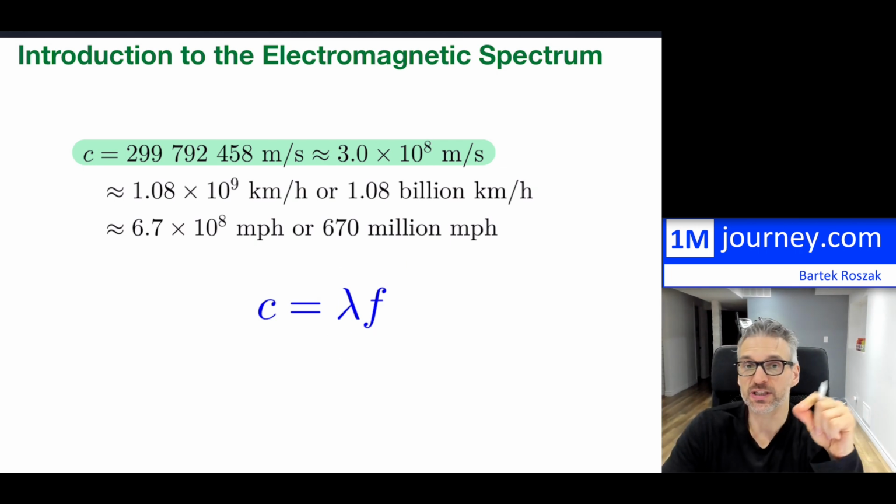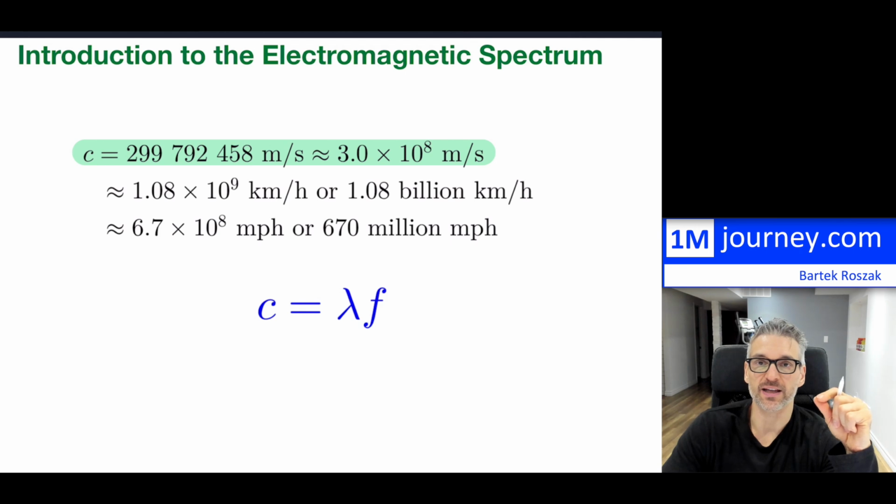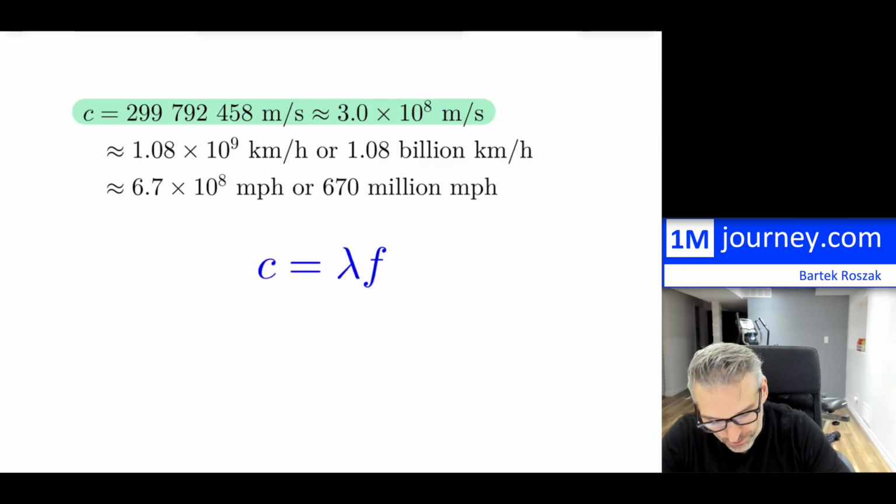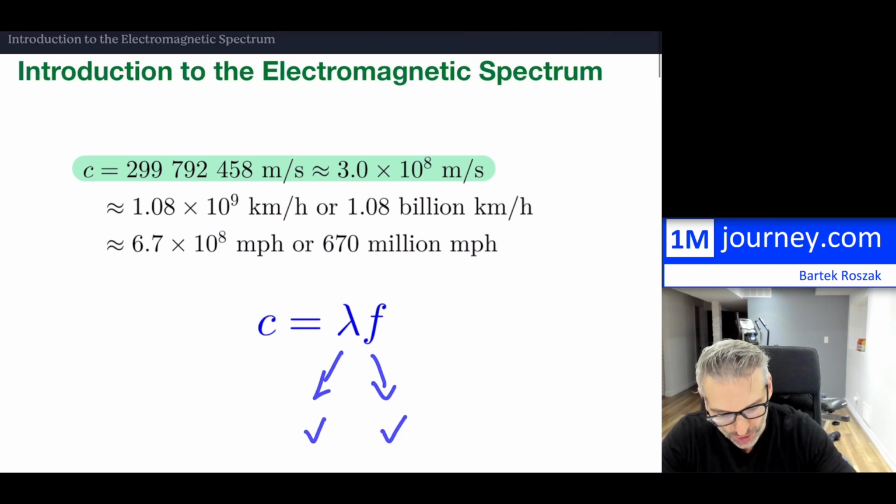That's what gives it its characteristics and utilization. So we use them for all kinds of wonderful things. Now, based on these two components, we can talk about the different spectrum that we have.